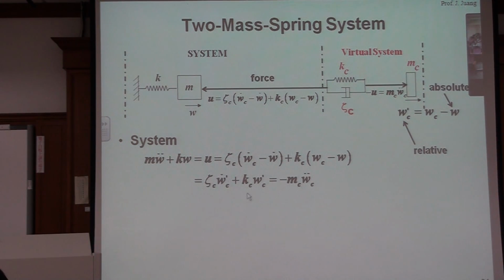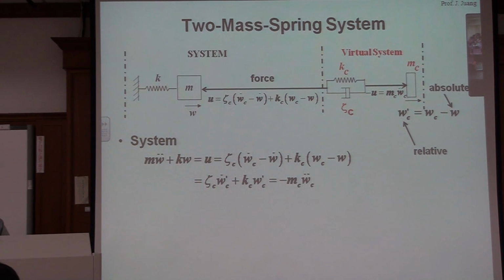In other words, you just stand on the mass here and look at the motion of the MC. Alright? So in accelerations, we commonly use the relative because you'll see that it will make our virtual system much simpler.